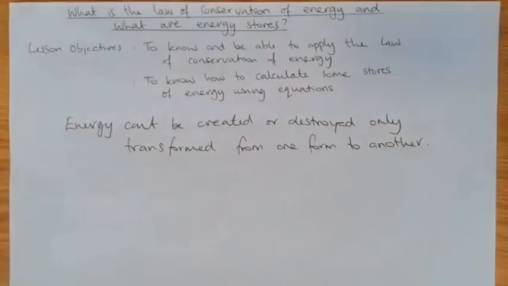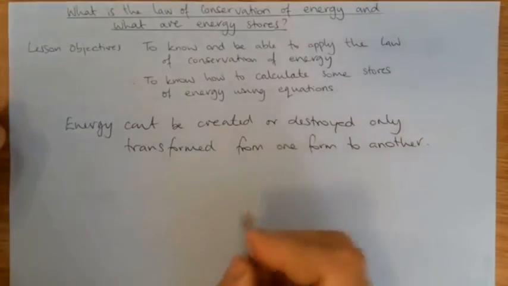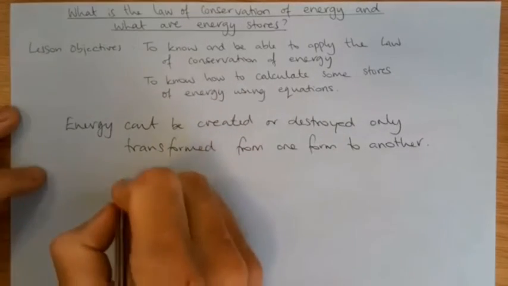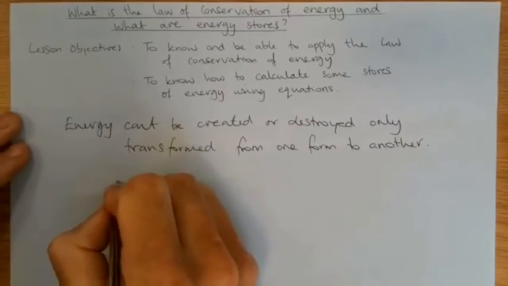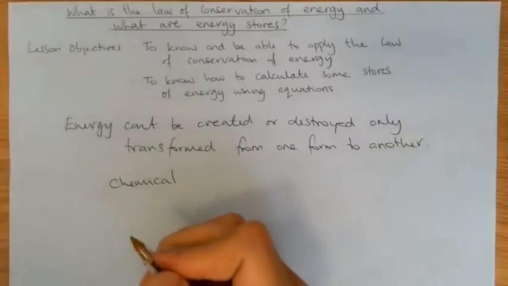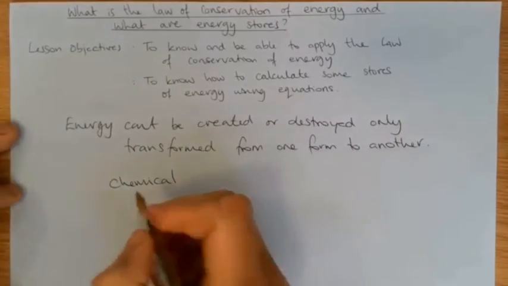That is the law. The energy can't be created or destroyed, only transformed from one to another. The energy stores that we've looked at: chemical energy, thinking about fuels in cars.